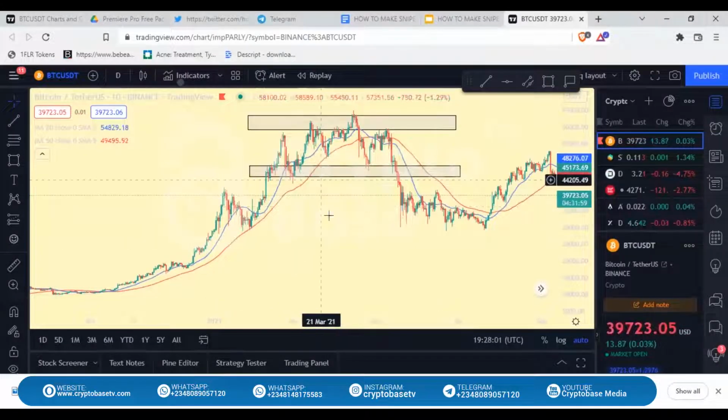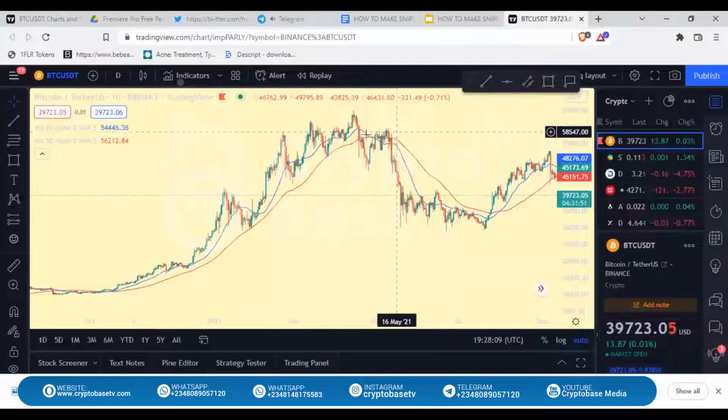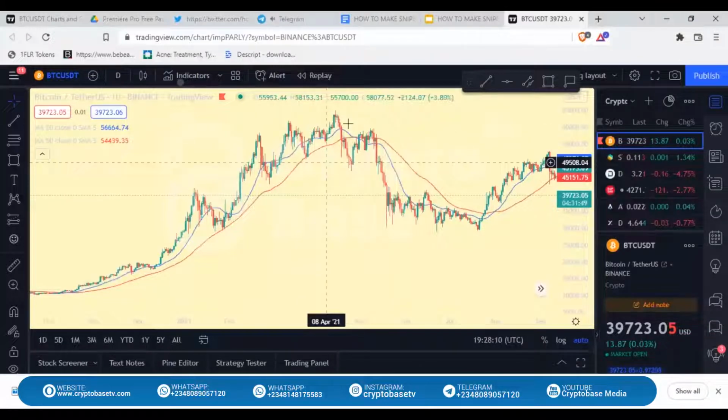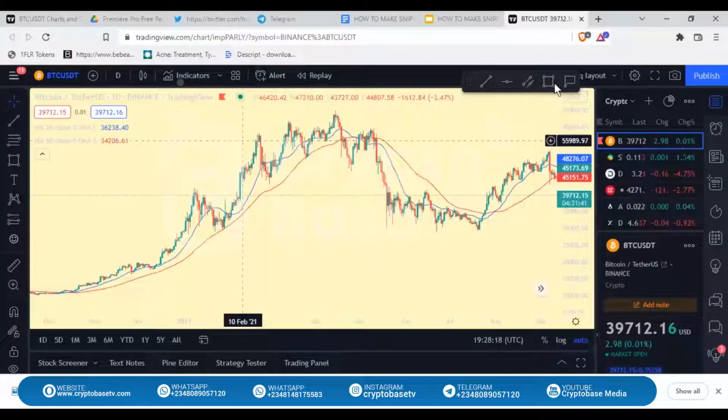So let me just clear this again. Great. So this is the basic thing you need to know about support and resistance. Now, in drawing support and resistance, you need to draw it right because there are key levels. Aside from the normal support we know, here we have support, and then we have support here also.